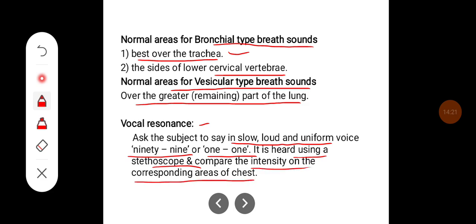As I mentioned, the vocal resonance is going to increase in cases where air is replaced with fluid, in cases like pulmonary edema and lobar pneumonia. The vocal resonance is going to decrease whenever there is excess mass in the parenchyma or in the pleura, like in pleural effusion, hydrothorax or pneumothorax.